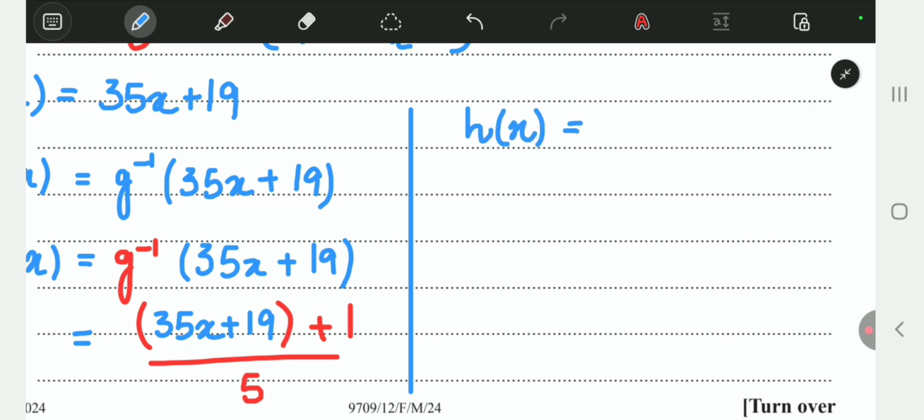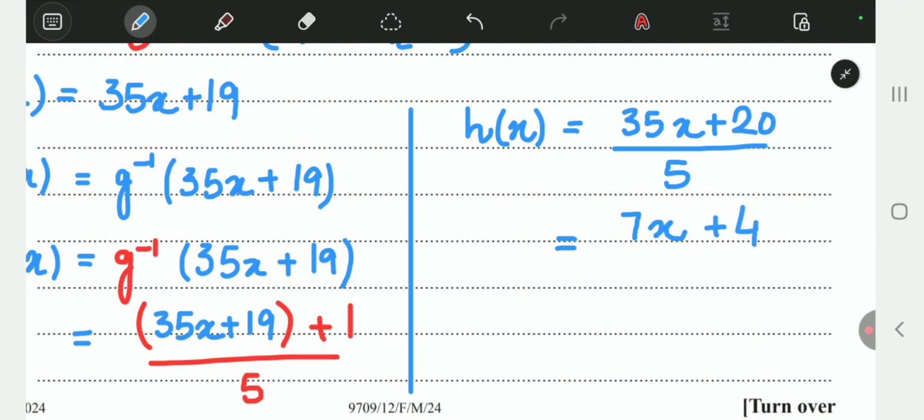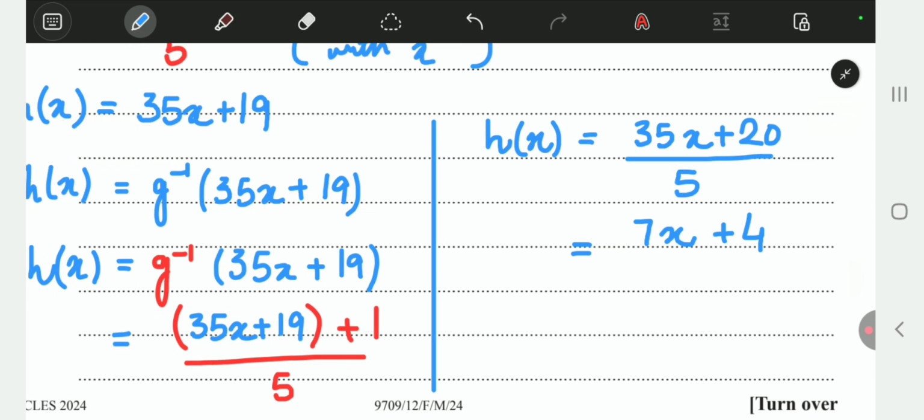Equals 35x plus 20 over 5. So 5 seven times 35x plus 5 four times 20. So this will be your expression for h of x, 7x plus 4.